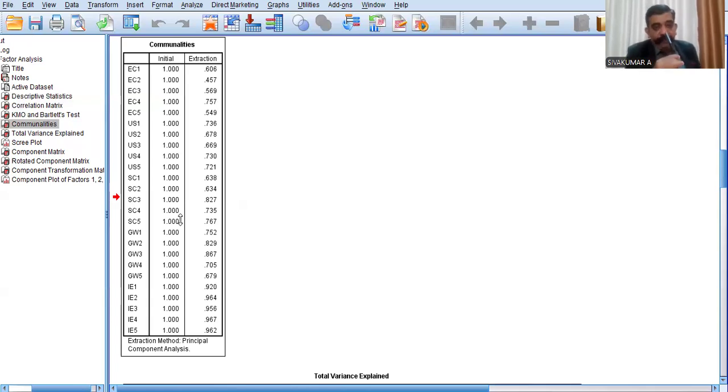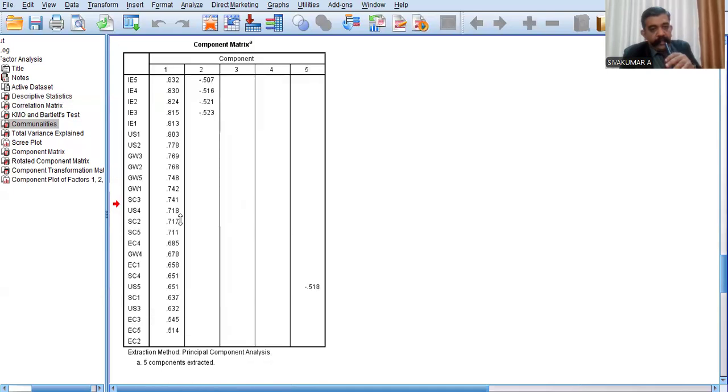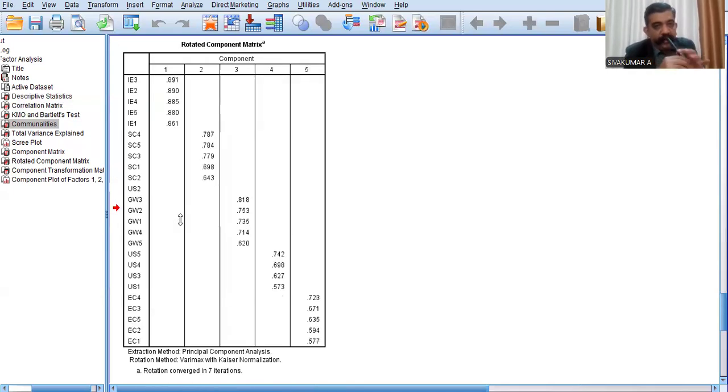That means communality means, for example, please wait. Here you can see in the rotated component matrix, IE3 is a variable. The IE3 variable is related with the component factor 1. The value is 0.891.